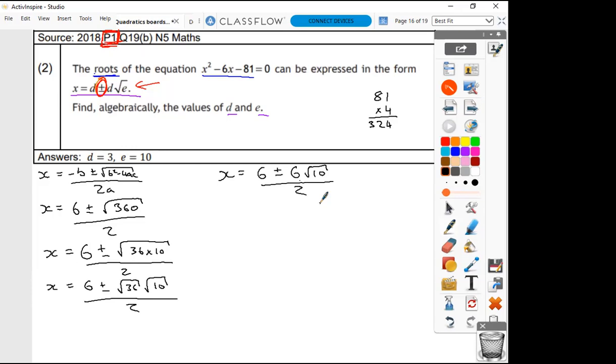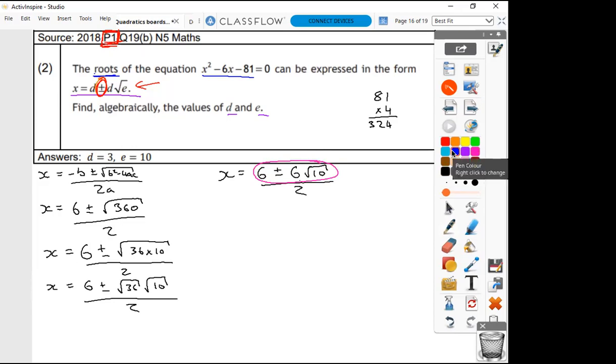Now I want to get rid of that 2 in the bottom. To do that, I'm going to treat that top line, the equation itself, and take out a common factor.